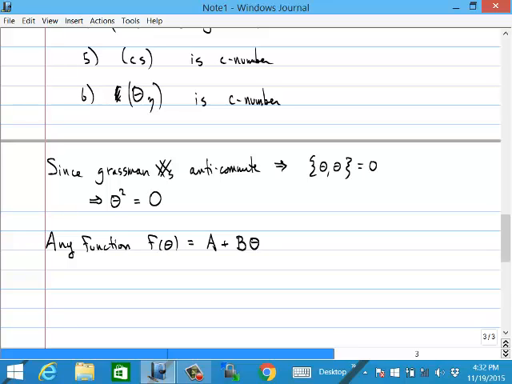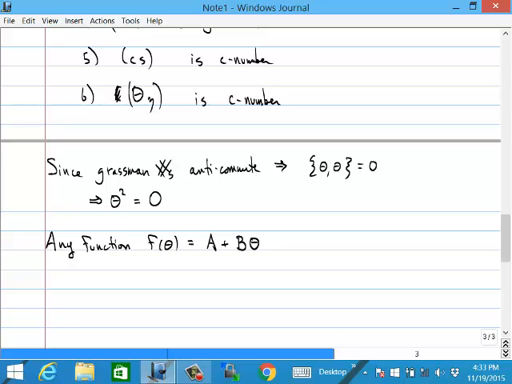Now, when I talk about a function of a Grassmann variable, f of theta equals a plus b theta, I need to decide whether that function f is going to be a classical number or a Grassmann number. If f is going to be a Grassmann number, a and b need to be C numbers.